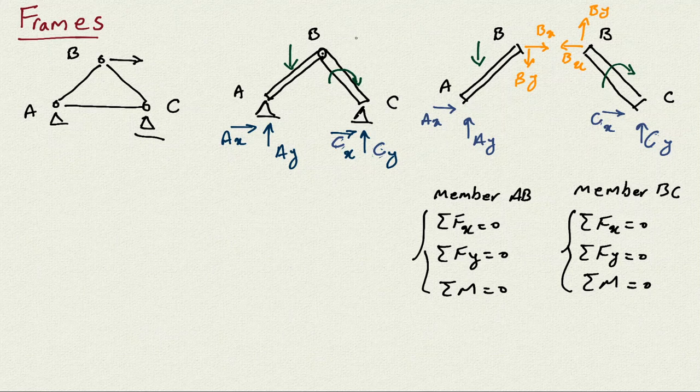If we have forces applying on the joint, we have to handle that like we did for the truss: we draw the joint and we put all the forces on that joint. So it just makes it a little bit more difficult, but it's not that bad.